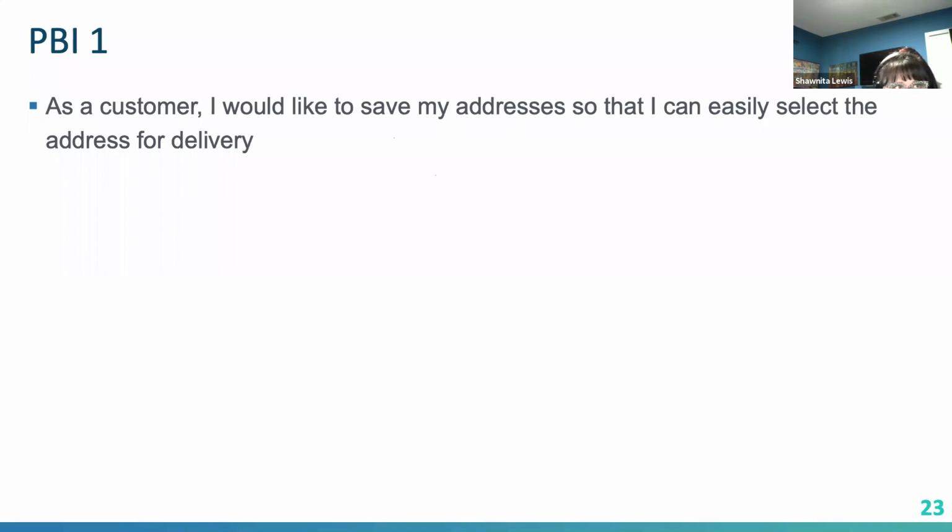That would be an MVP for me. And I just had faith in my developers. So just to be clear, I want to be able to save multiple addresses. And if that wasn't clear, would that change what you're saying? Nope. No? Okay.